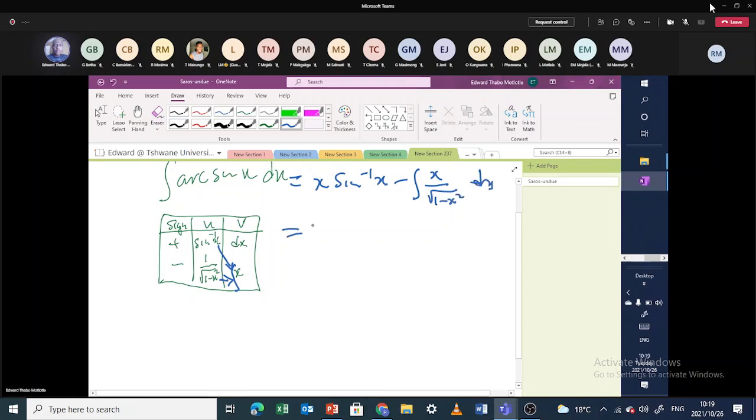Now this is equivalent to x sine inverse of x minus the square root of 1 minus x squared plus c. You're done. What can make you struggle is integrating this integral here, but we have done it. That was the solution.